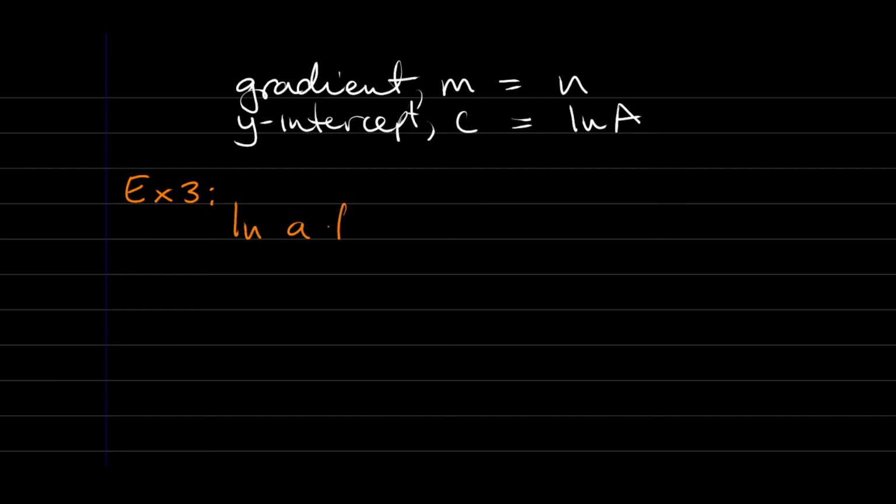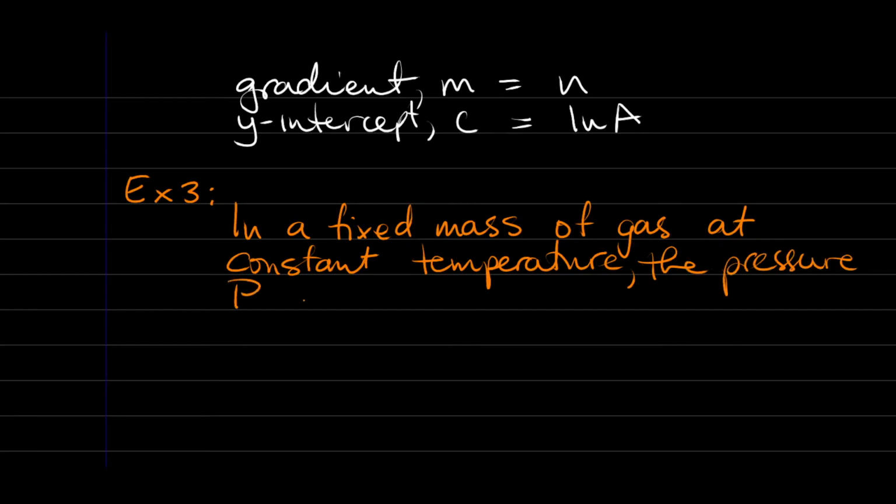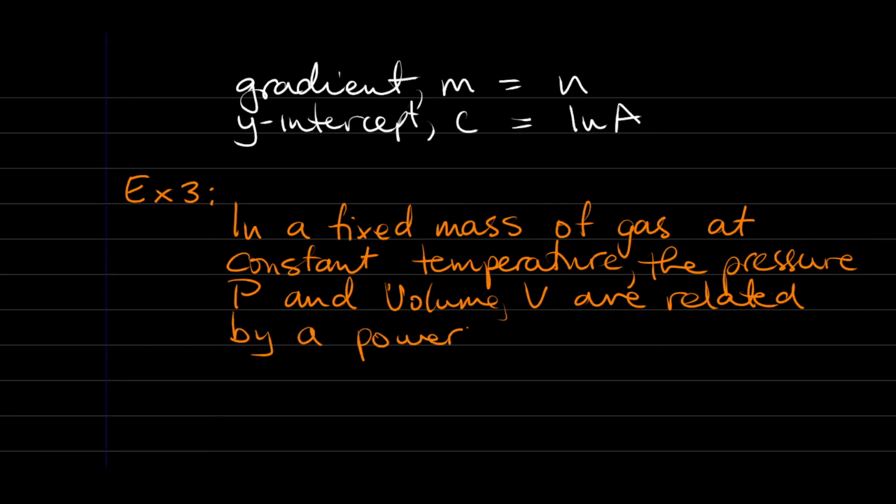In a fixed mass of gas at constant temperature, the pressure P and volume V are related by a power law of the form P equal to A V^N.